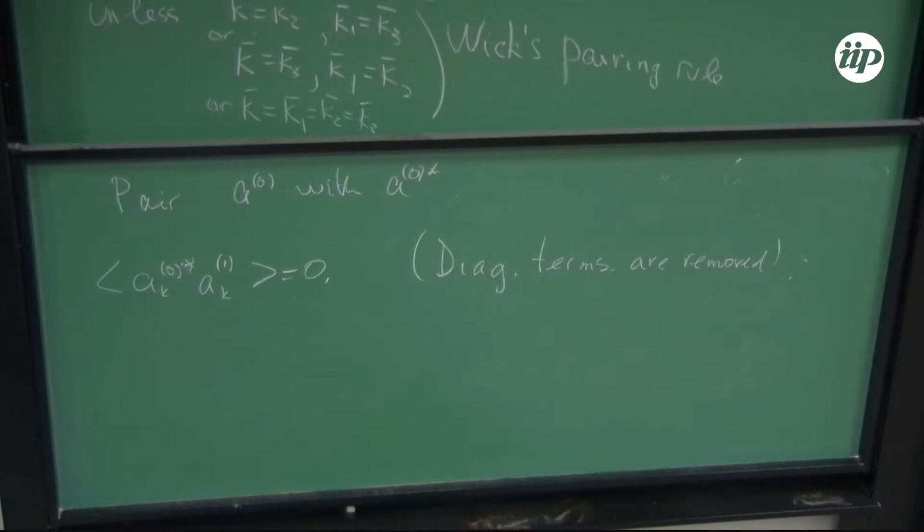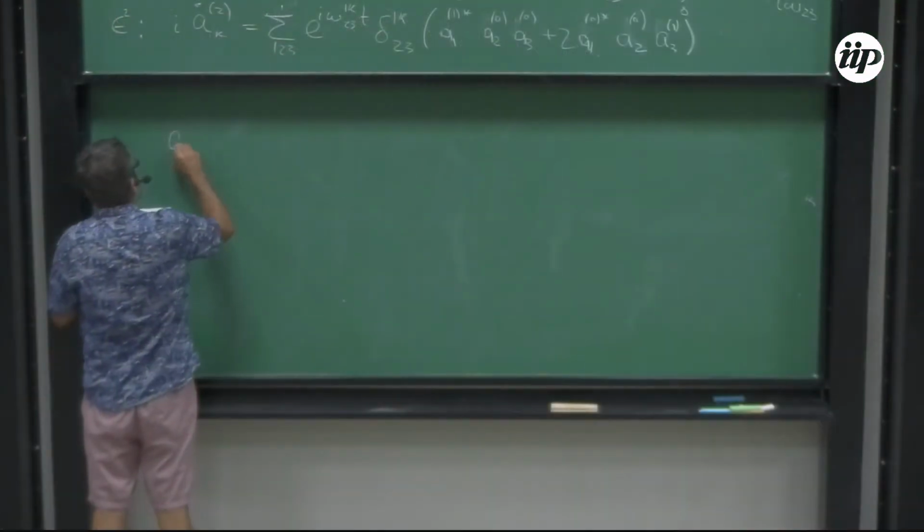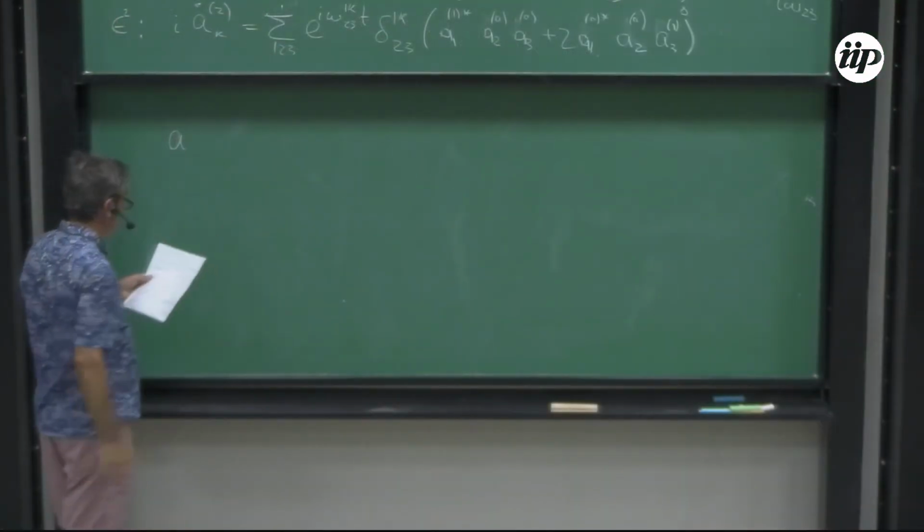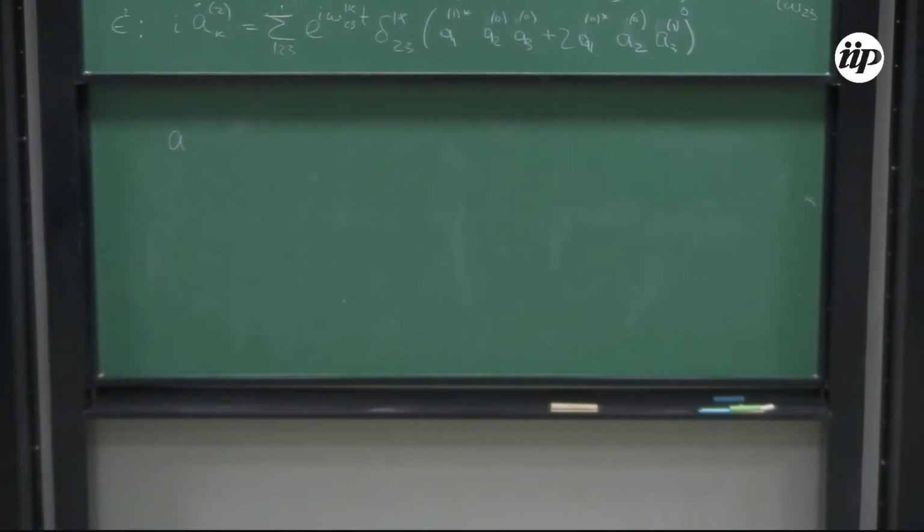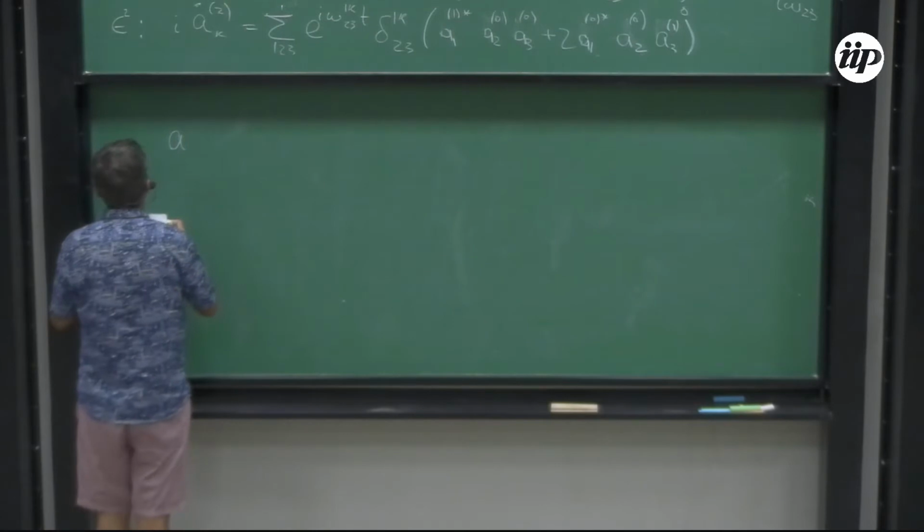So you see, so far I've only done averaging with respect to the phases, right? And as a result, what I got is the following thing. So I showed that the epsilon order is 0.